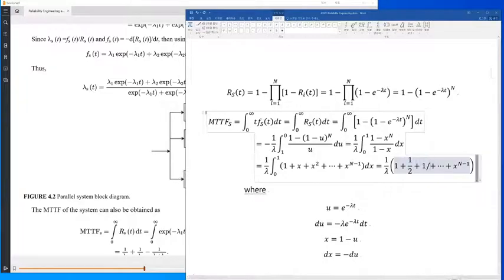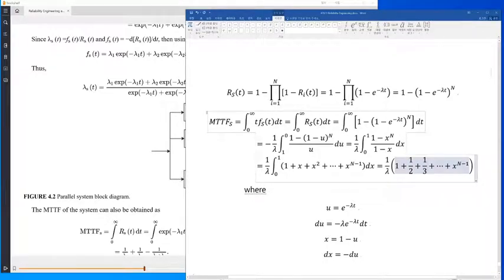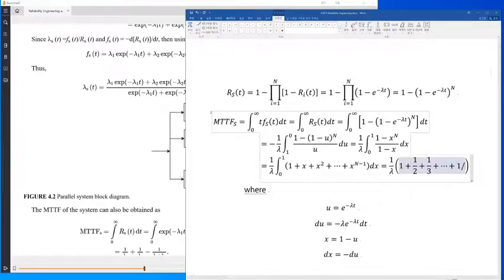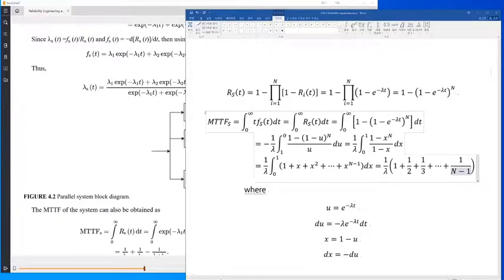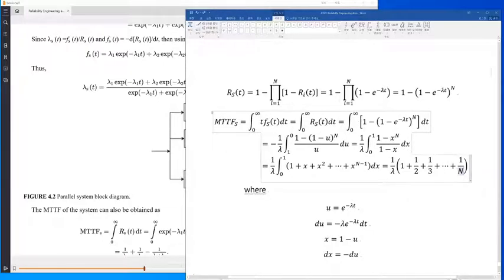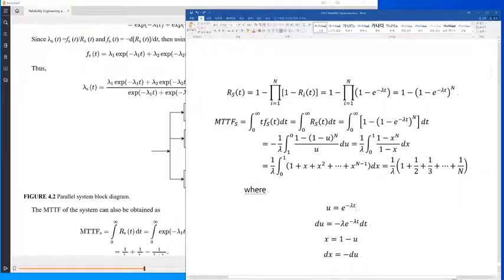So this is what is going to remain. So eventually, up to n minus 1, sorry, up to x to the n minus 1, it should be 1 over n. So this is what is given in equation 4.14.